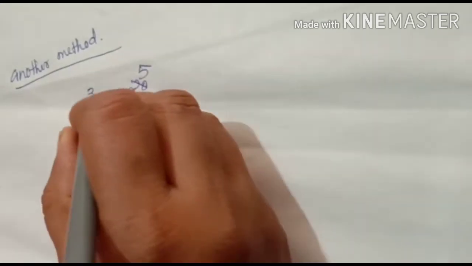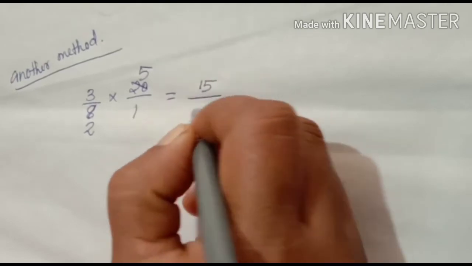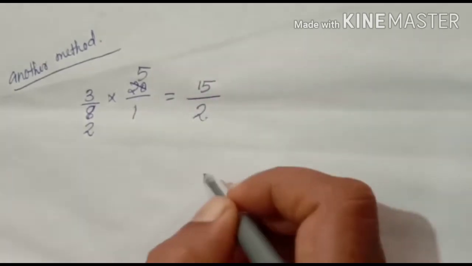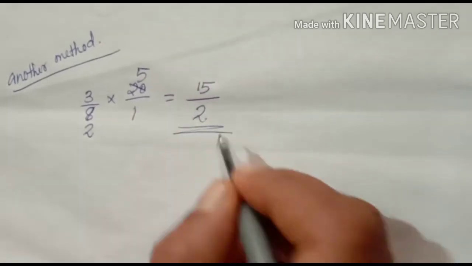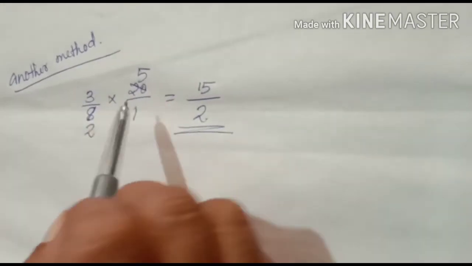Then 3 into 5 equals 15 by 2. In this way also we can do.